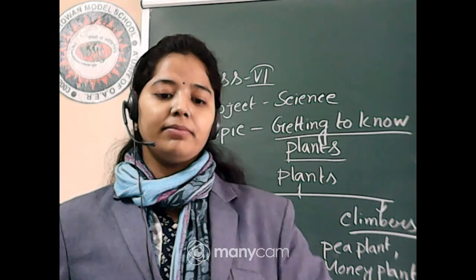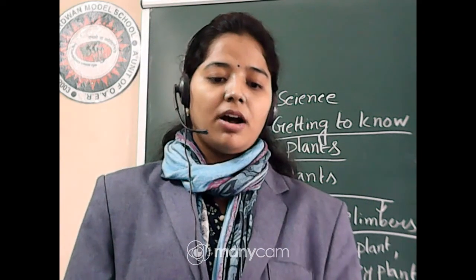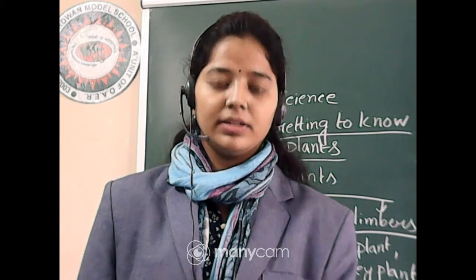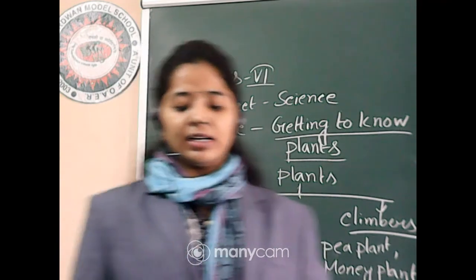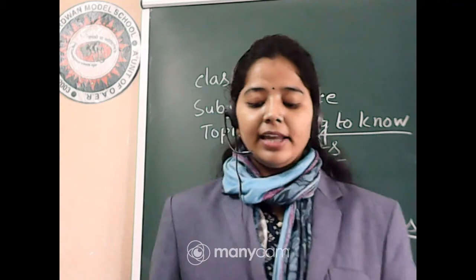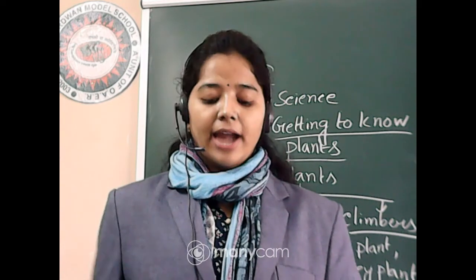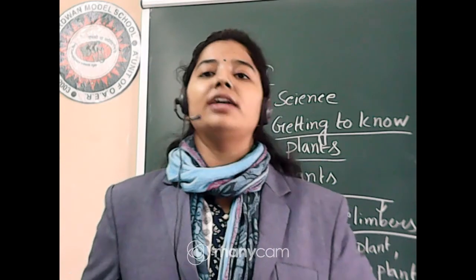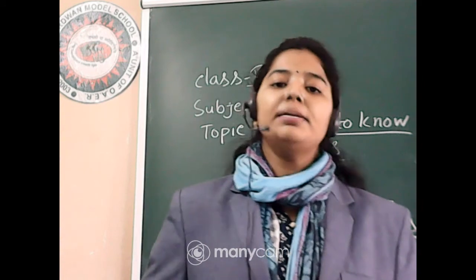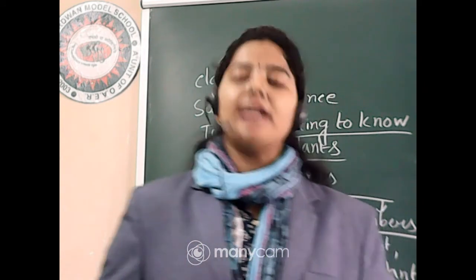The upper part of the plant that is above the ground, and the stem bears leaves, buds, flowers, fruits, etc. The main function of stem is to conduct water from roots to the leaves and to the other parts of the plant, and also food from leaves to roots and other parts of the plant.